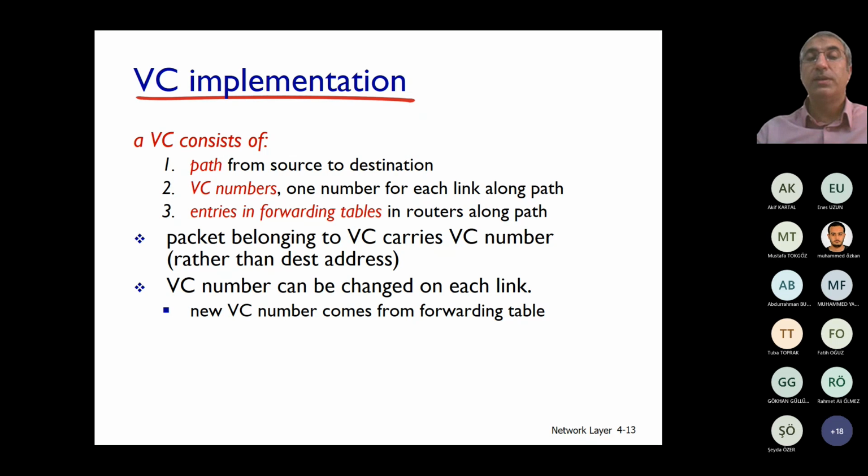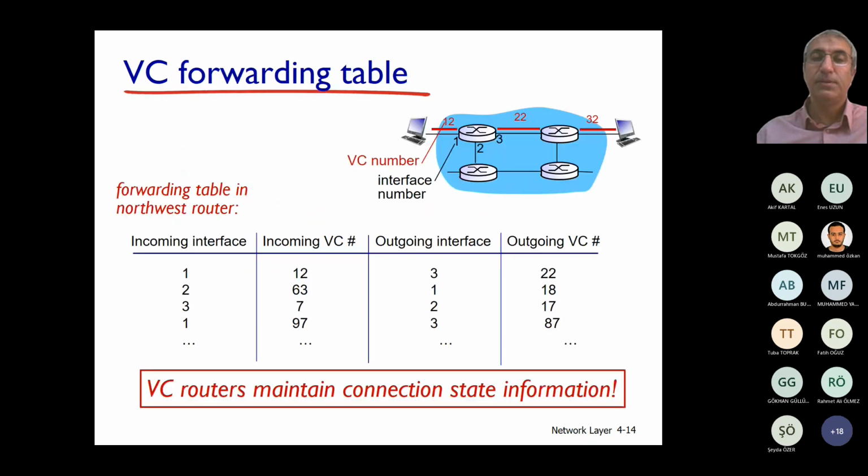The third one is the entries in forwarding tables in routers along the path. Packets belonging to the virtual circuit carry a VC number, and the VC number can be changed on each link, of course.